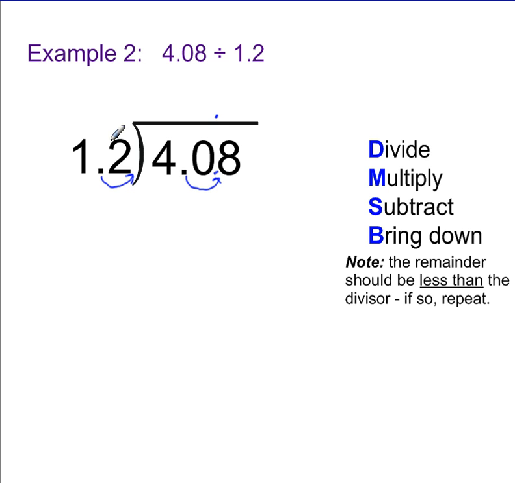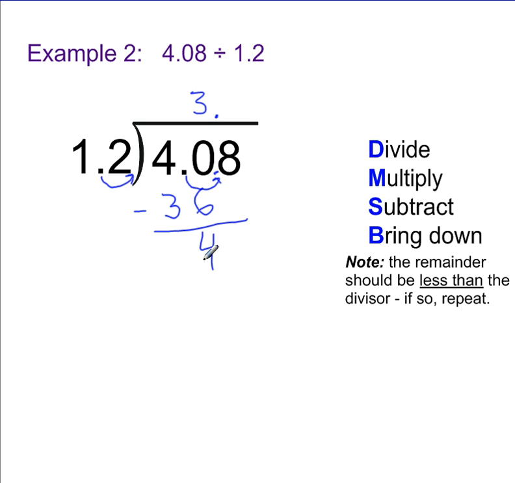Then I proceed. This is 12. 12 divided into 4 does not go. 12 divided into 40 goes 3 times. So now we're ready to do the division. 12 into 4 doesn't go. 12 into 40 goes 3 times. That's the divide step. Multiply, I get 36.